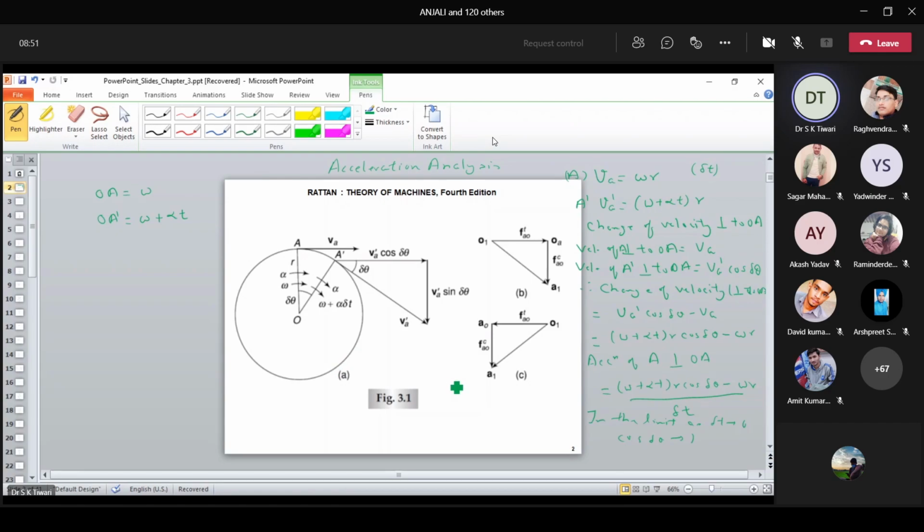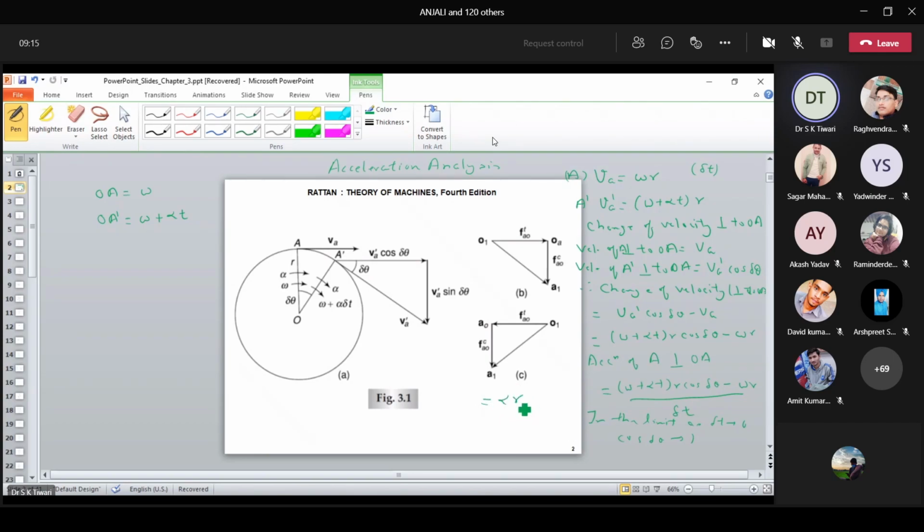Therefore, ultimately the acceleration will be equivalent to R alpha. cos of delta theta will be equivalent to 1, so it will be equivalent to R into R alpha.